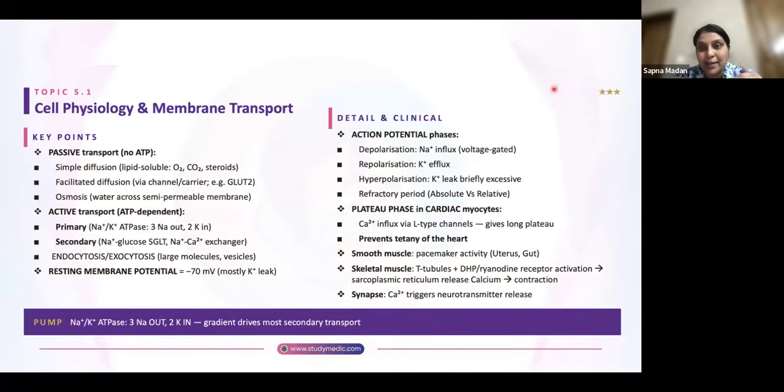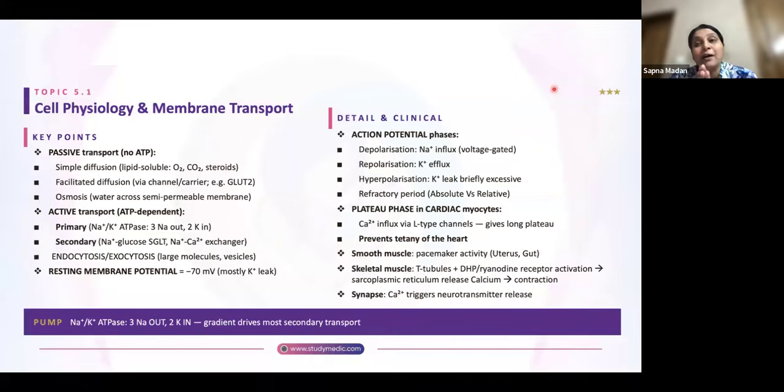The resting membrane potential of an axon or a myocyte is actually negative. For an axon, it is around minus 70 millivolts. So you can imagine a cell: inside it is negative, outside it is positive.